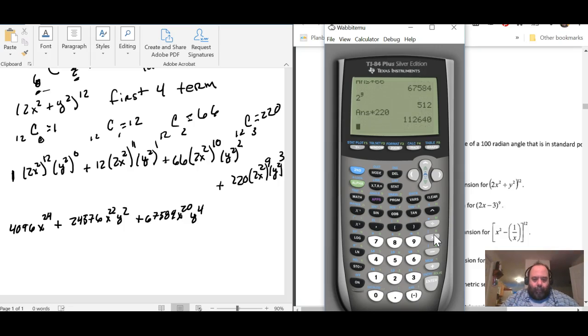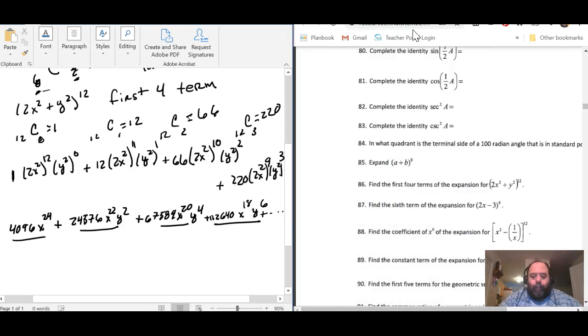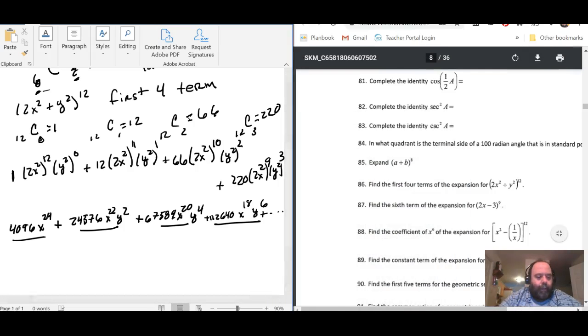All right, so that's going to give me 112,640 x to the 18th, y to the 6th, and it keeps going, but that's the first 4 terms of the expanded polynomial. So that's it. That is problem number 86.